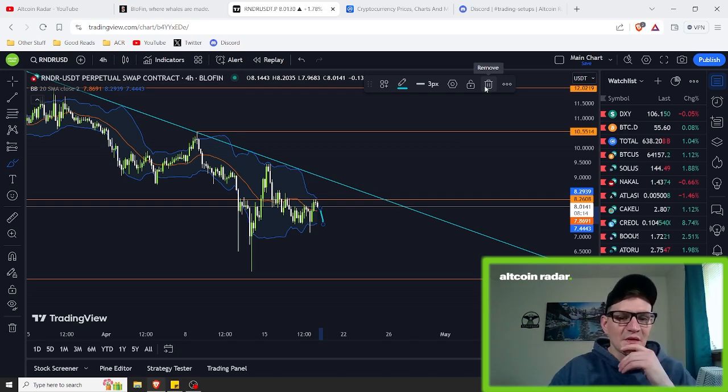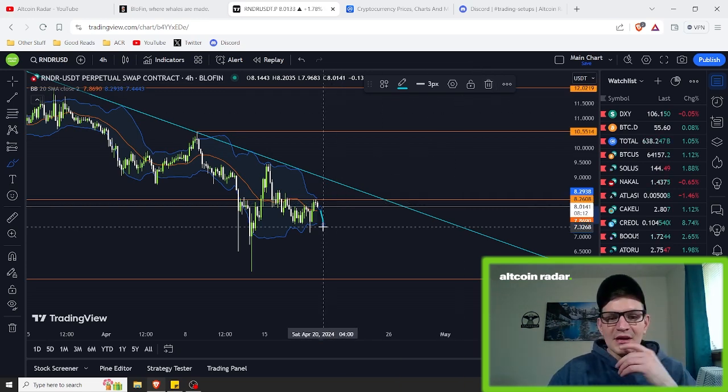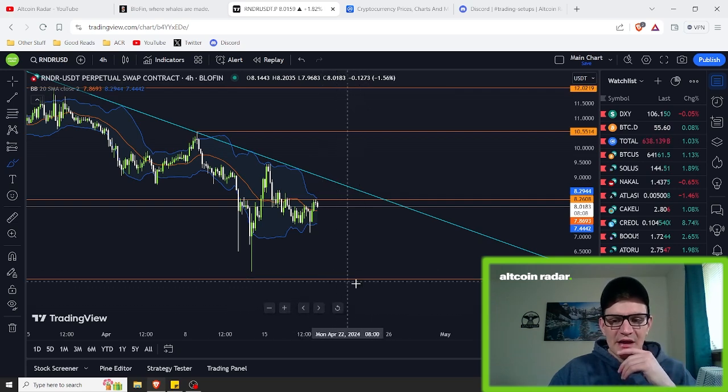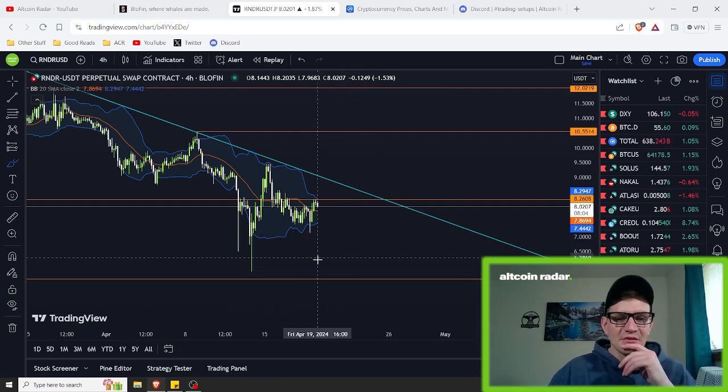And if that happens, we are going to be looking for a bounce down here at the $5.50 or $5.57 level.